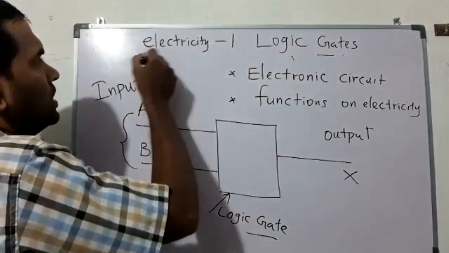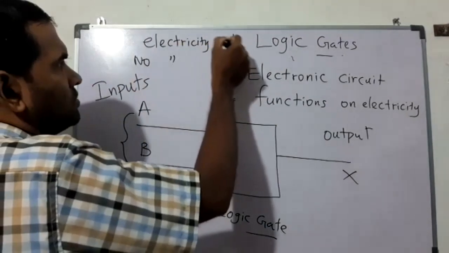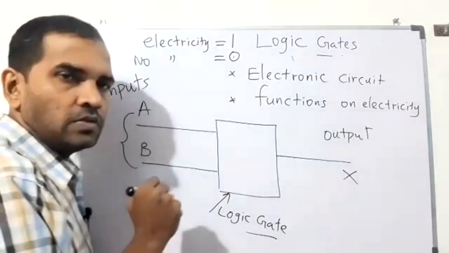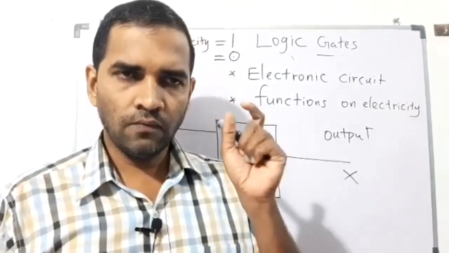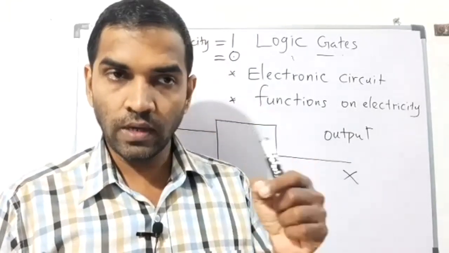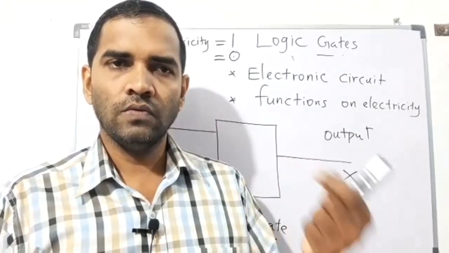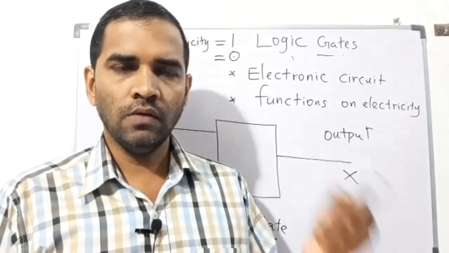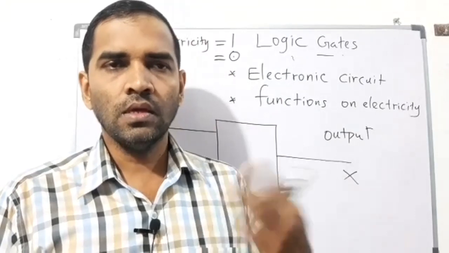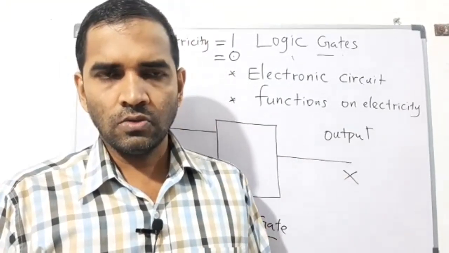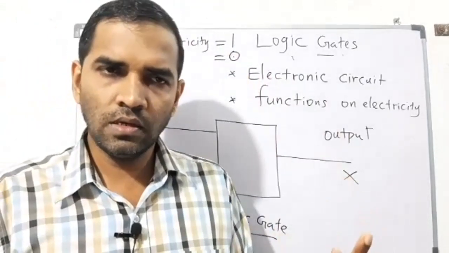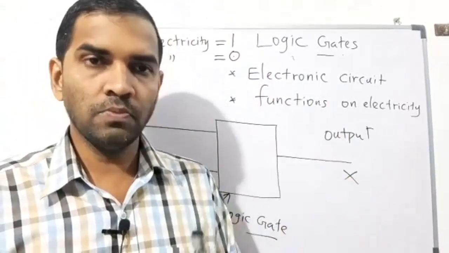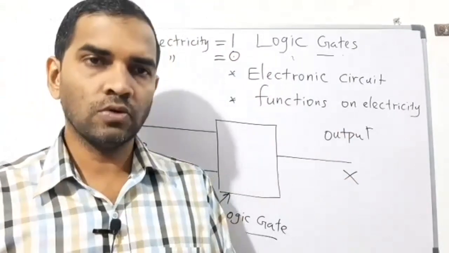No electricity is equal to 0. This is very, very important for the rest of the lessons. If a wire has electricity, it is 1. If a wire doesn't have electricity, it is 0. These meanings are very important in the rest of the questions.